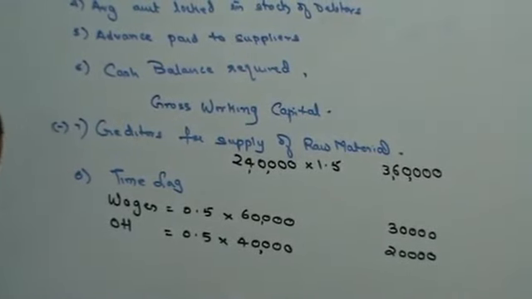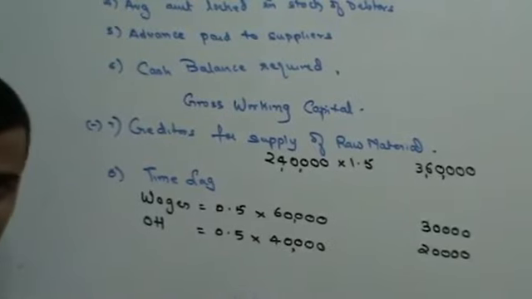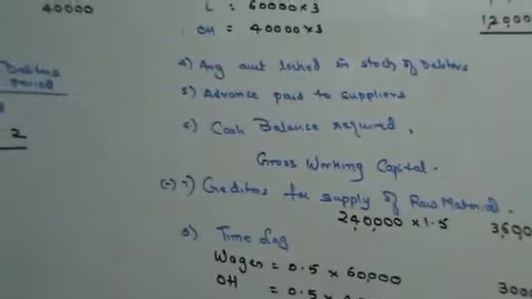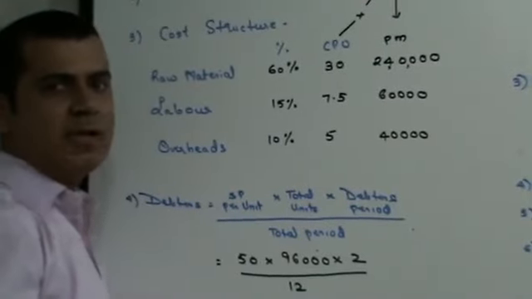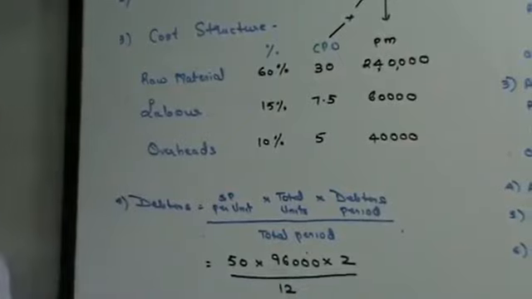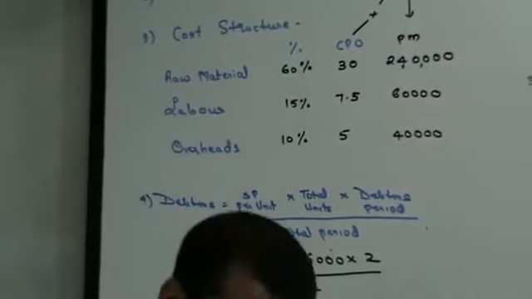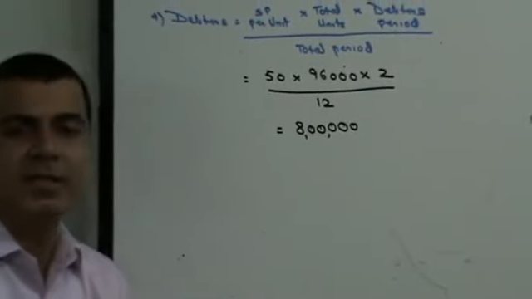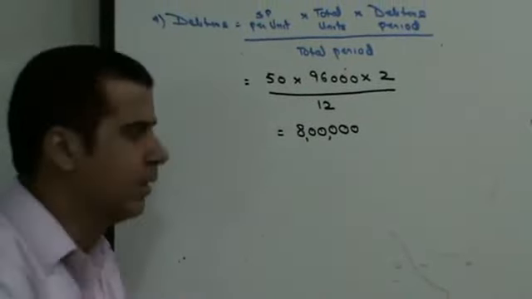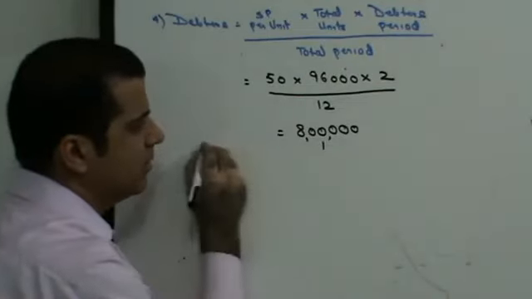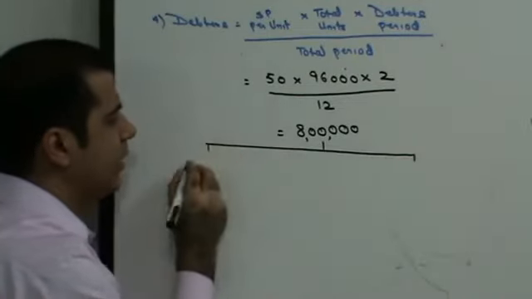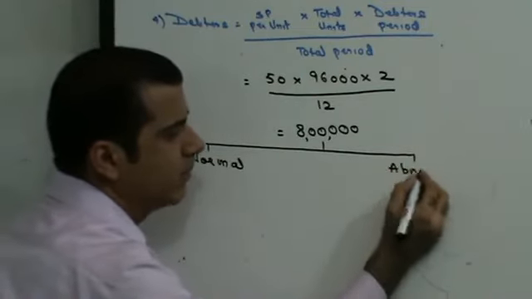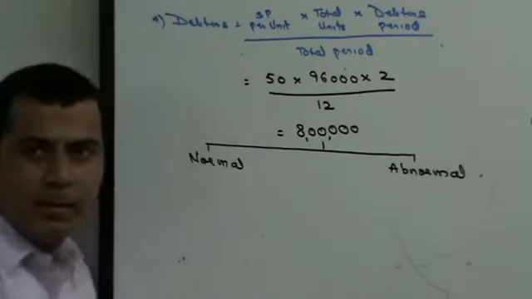Now we will skip the 8th adjustment for the timing and do the 9th adjustment first. They have said that 10% of the sales are made at 10% above the normal selling price. That means some percentage of the sales is abnormal. Total debtors can now be divided into normal debtors and abnormal debtors, right?